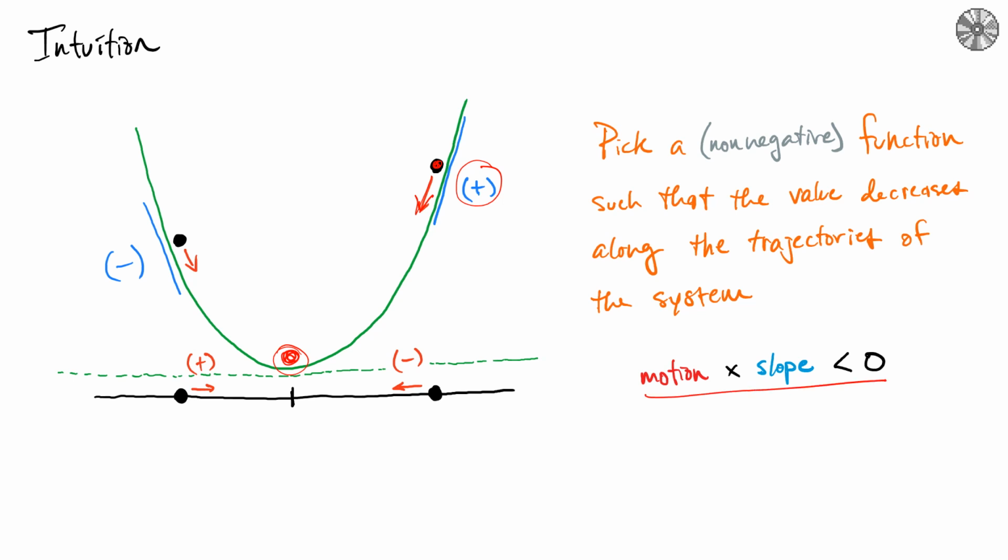Okay, and so that's this insight that you can keep in mind as we go through here. Here, the motion is going this way, so the motion is negative and the slope is positive. In this case, the direction is positive, and the slope is negative.